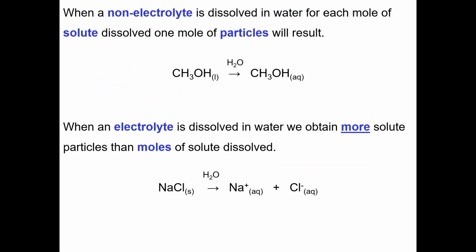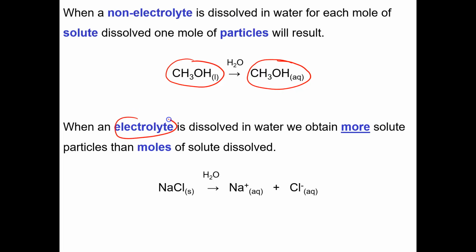Something I want to come back to is discussing the impact of dissociation on how we calculate the molality. So when a non-electrolyte is dissolved in water, for every mole of solute dissolved, we get 1 mole of particles. So if I take the covalent compound methanol and dissolve it in water, for every mole of methanol, I end up with 1 mole of aqueous methanol. I end up with 1 particle.